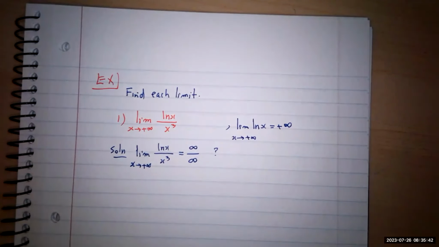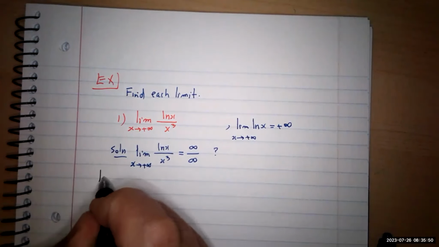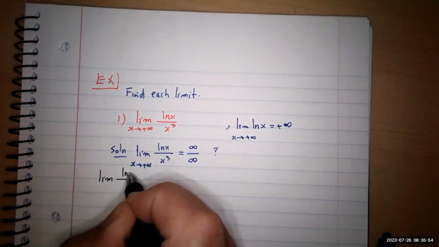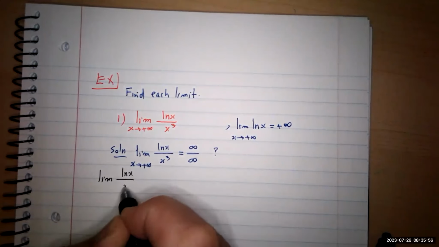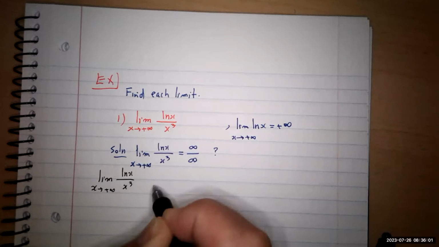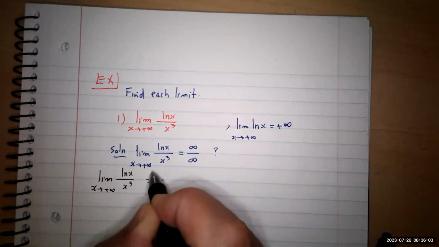So we have a case. We have to apply the L'Hopital rule. So what we're going to do, we are going to rewrite it. So we start with the given one. This is going to be the limit of ln of x on the top, x cubed on the bottom, x goes to positive infinity. So apply the L'Hopital rule again.